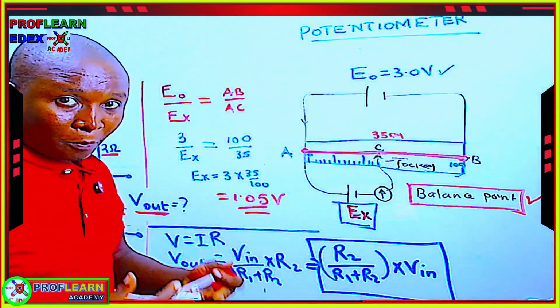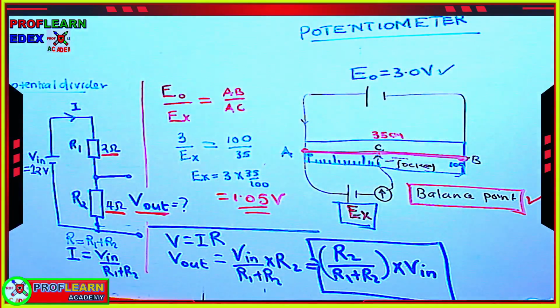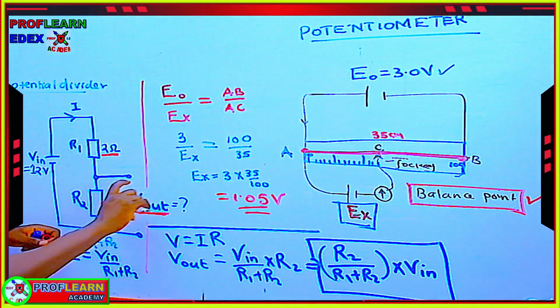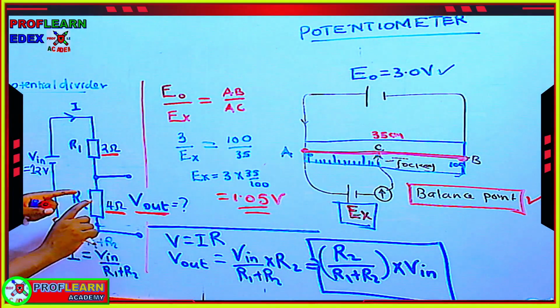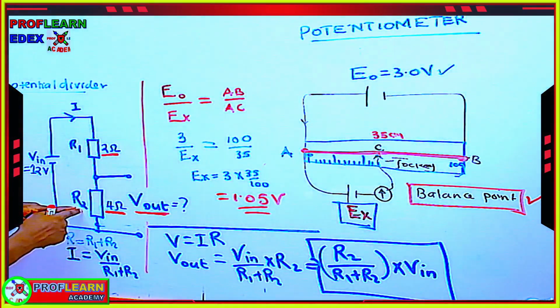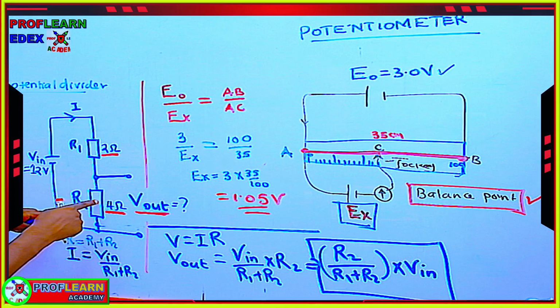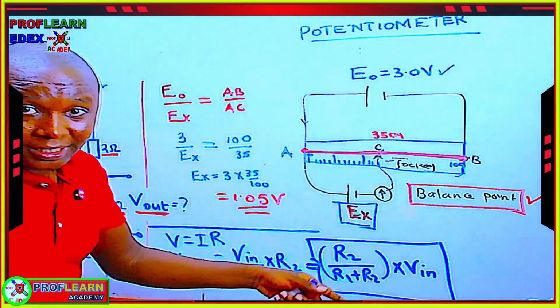And something that I've emphasized here in this channel is that R2 is the resistor where the voltage is going to be tapped from. So if this is R2 and you are removing V out from this resistor, then you are going to use this R2. So it's not automatic that it's always R2.